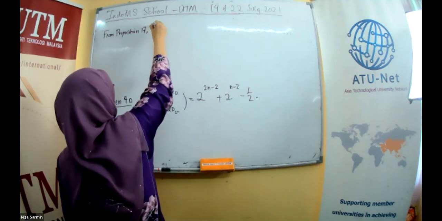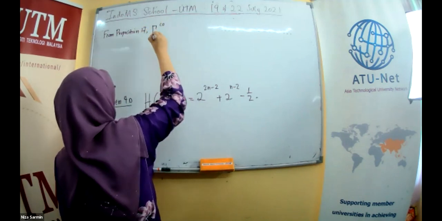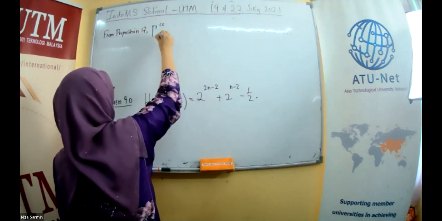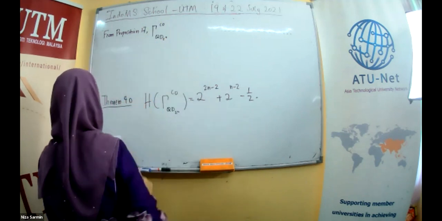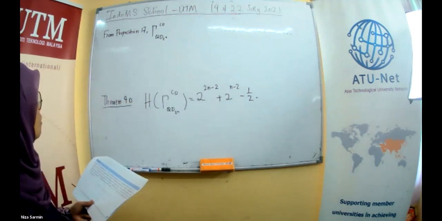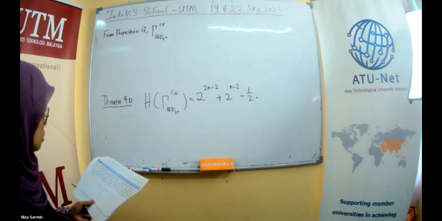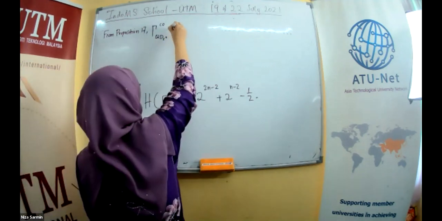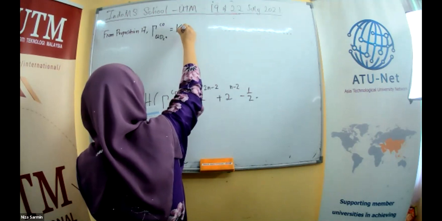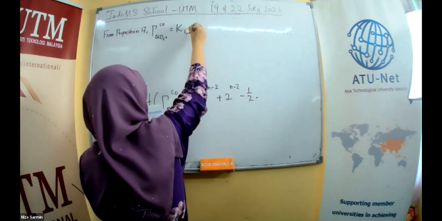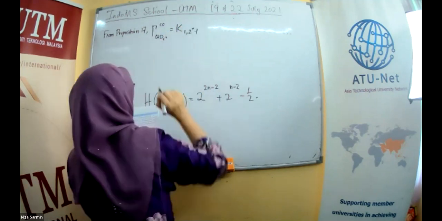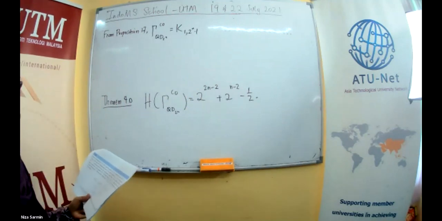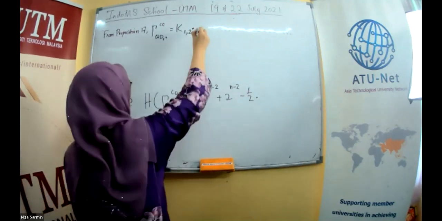The co-prime graph of the group G, considered group, is equal to the complete bipartite graph K_{1, 2^n - 1}.